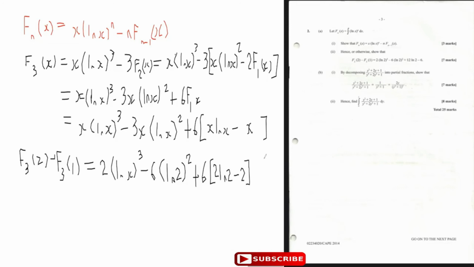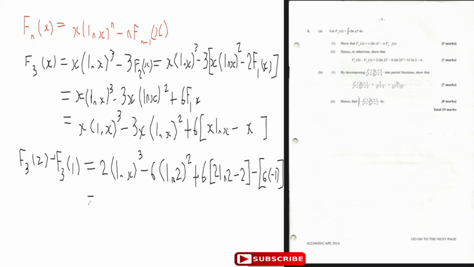Minus, now we're going to put in 1, but we know that ln 1 is 0, so this is 0, this is 0, and so it works out to be, in brackets, 6 times minus 1, because everything else is 0, ln of 1 is 0.